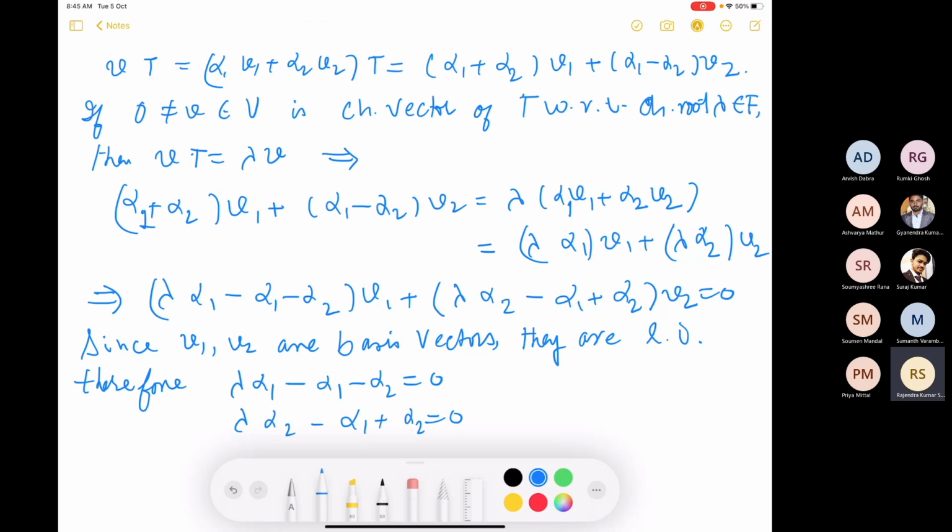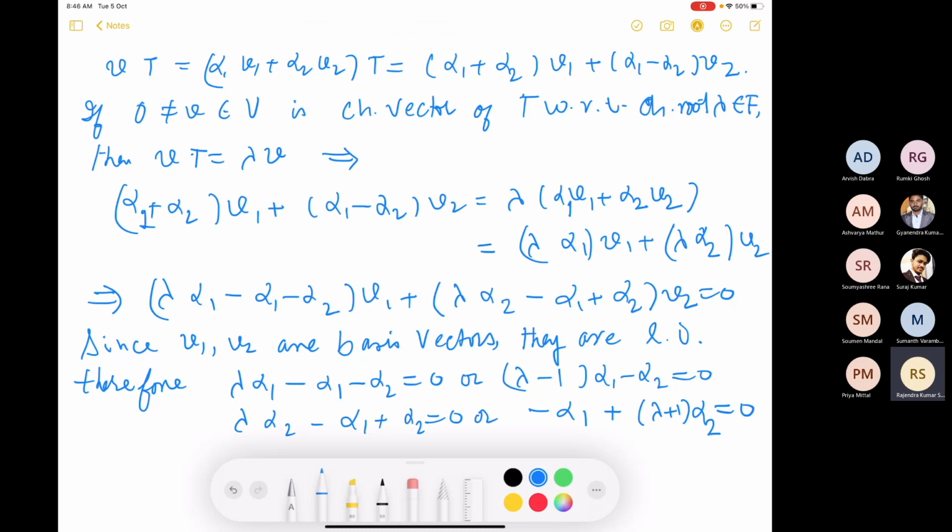Or you can write, collecting the coefficients: lambda minus 1 alpha 1 minus alpha 2 is 0, and this is minus alpha 1 plus lambda plus 1 alpha 2 is 0.